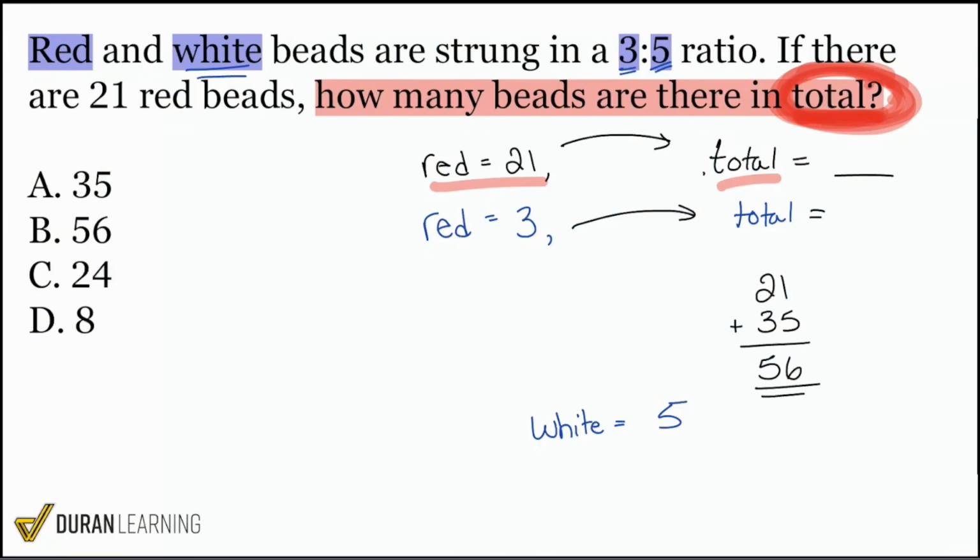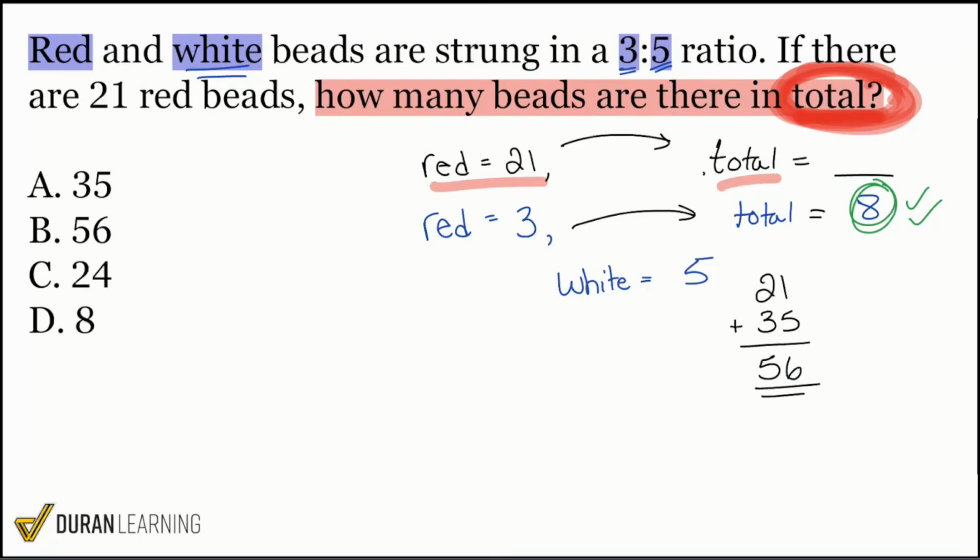You just add. So check this out, everybody. What is 3 red and 5 white? If we were to add those together, what would I get for the total? 3 red, 5 white, add those together, and we get a total of 8.